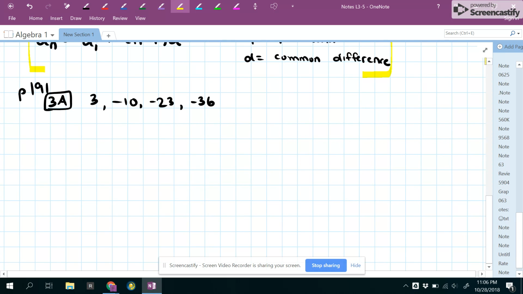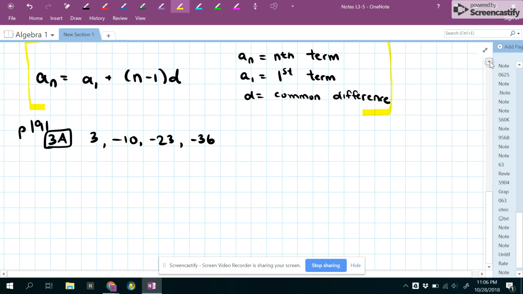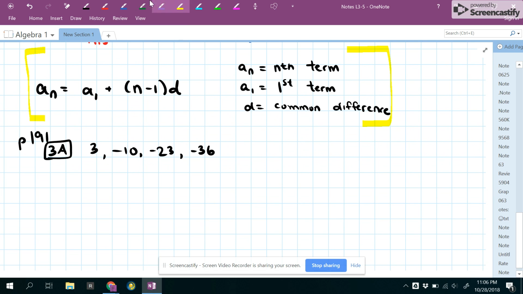So to get from term to term, you subtract 13. So we know that D is negative 13. And because I like for you to remember how to do things, can you find the next four terms for me?